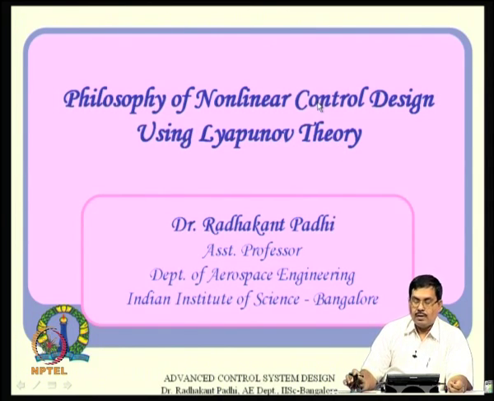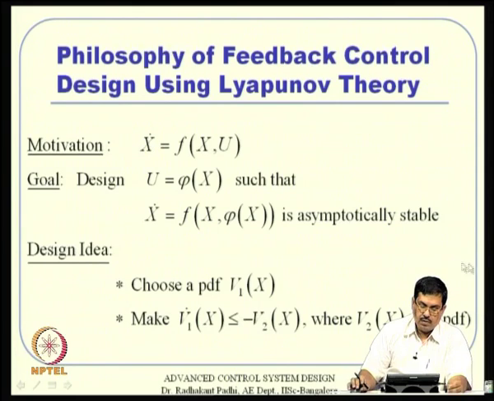Let us say you have a nonlinear system, x dot is f of x, u, where you want to design a control u in the state feedback form, phi of x, such that once you put it back into the system dynamics, that is x dot is f of x and phi of x, the closed loop system dynamics would be asymptotically stable. That is the ultimate objective for Lyapunov based control theory actually.